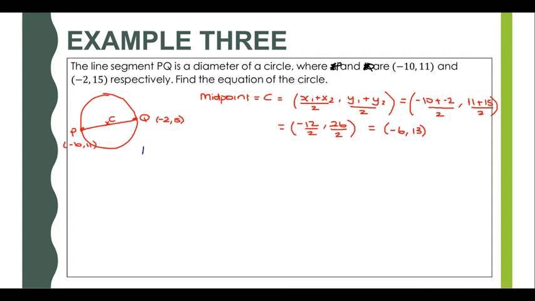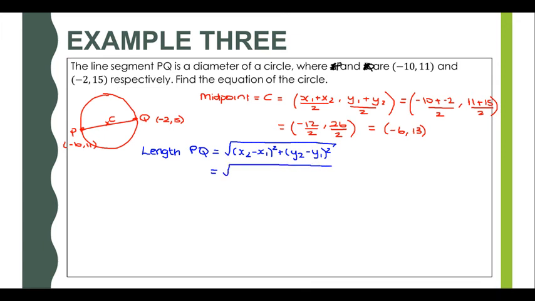So the length of the diameter, PQ, is equal to the square root of x2 take x1 squared plus y2 take y1 squared, or we can use Pythagoras. So on your picture, draw a triangle and use Pythagoras and find the height and the distance. If we use our formula, we can now substitute in the values.